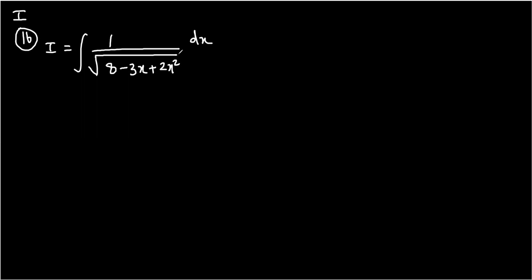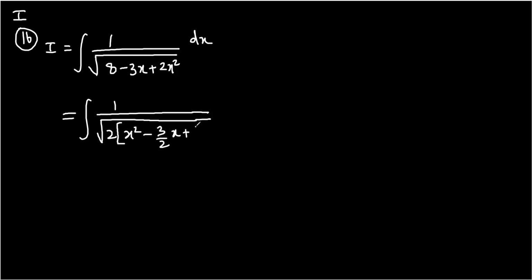The method is we will make the coefficient of x square equal to 1. That is my first step. So I take 2 common, but remember, don't take that 2 outside the square root. It will remain inside the square root. So you have x square minus 3 by 2x plus 4.